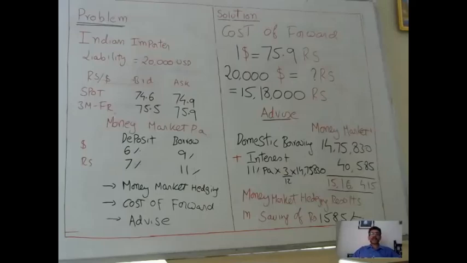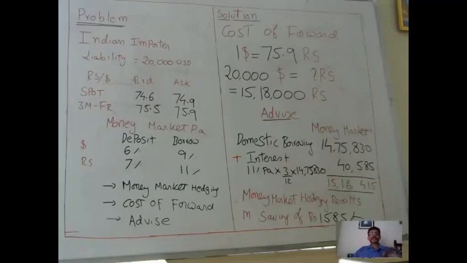Now finally, the last part of the problem says what? Advice. Is it advisable for us to go for money market hedging, or is it advisable to go for a forward contract? Generally, wherever your cost is less, that is the advice. So here, if I go as per the forward contract, I have to pay 15,18,000 rupees.